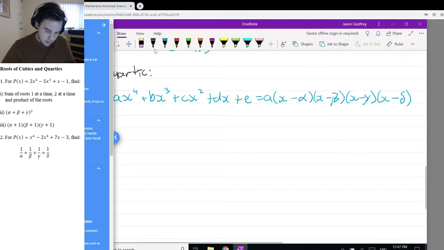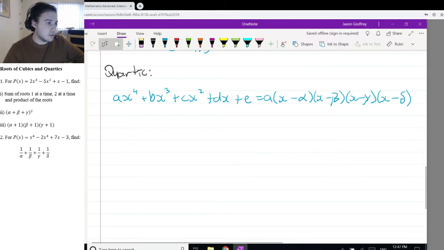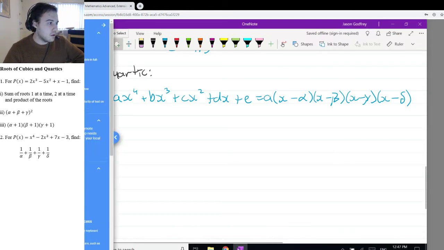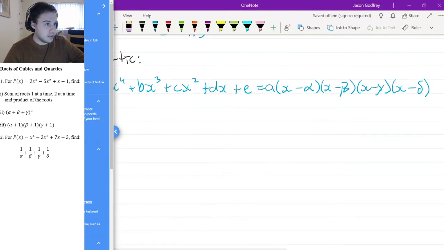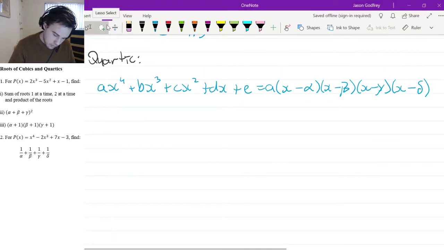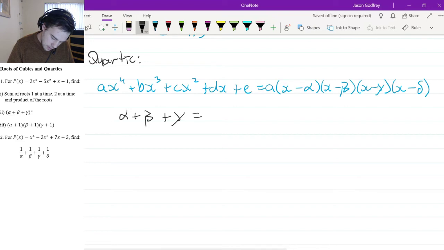So I'm just going to, for starters, rewrite them out there so I can scribble over the top of them. So we had alpha plus beta plus gamma equals negative b on a. We had, well, let me move this over.